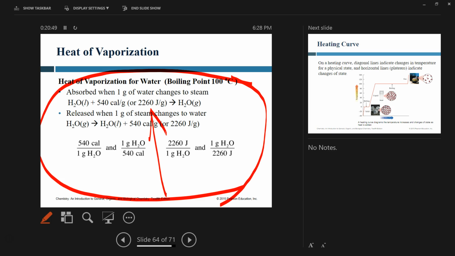Think about the heat of fusion or heat of evaporation. It's the price. That's the price you have to pay to go from solid to liquid, or as in case of heat of vaporization, from liquid to gas. Does that make sense? So the price tag here is 2,260 per gram. How much do you have to pay for 40 grams?